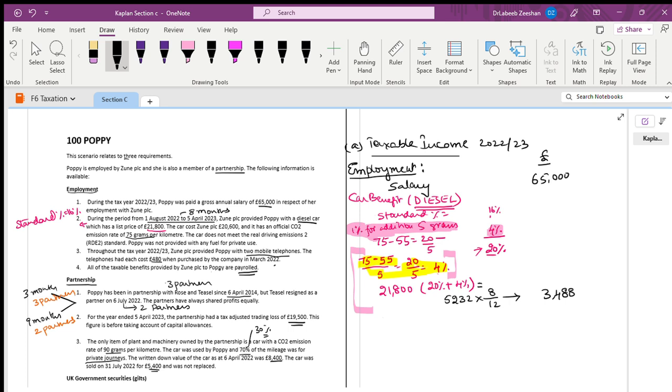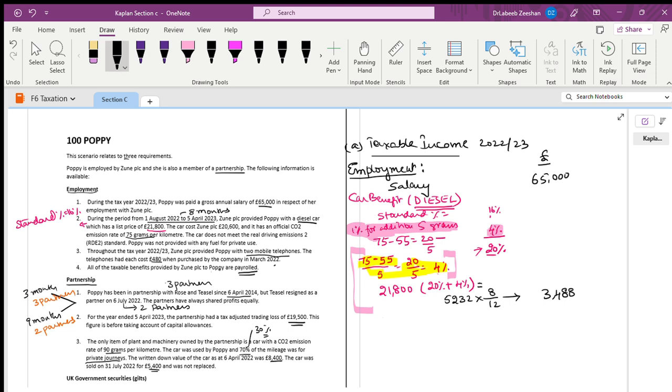Sorry, sir, why only for one? You will get an exemption only for one. They will have a taxable benefit only for one. Only one will be taxable.